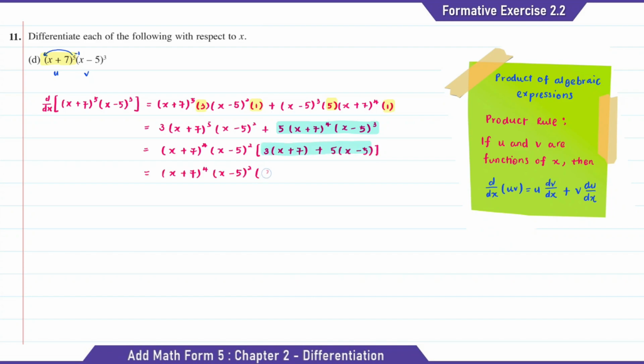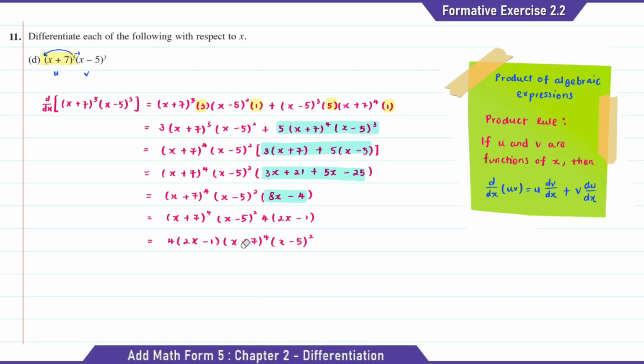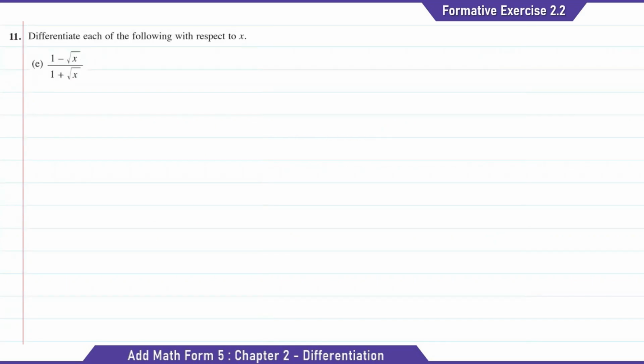Expand the bracket, we're going to get 3x plus 21 plus 5x minus 25. Solve the bracket, we're going to get 8x minus 4. So for 8x minus 4, we can factorize this. The common factor will be 4. Then this will be 4 bracket 2x minus 1. And if we rearrange this, then this will be the answer.